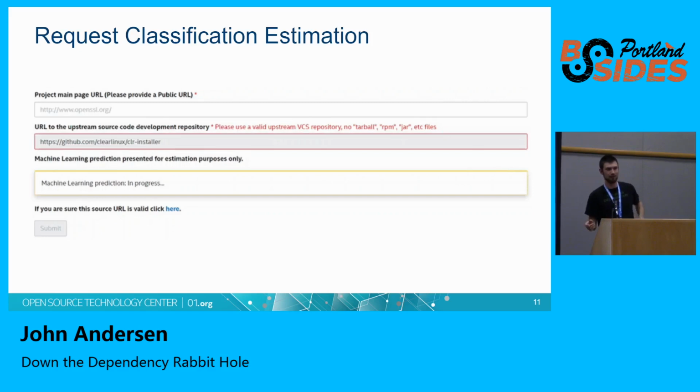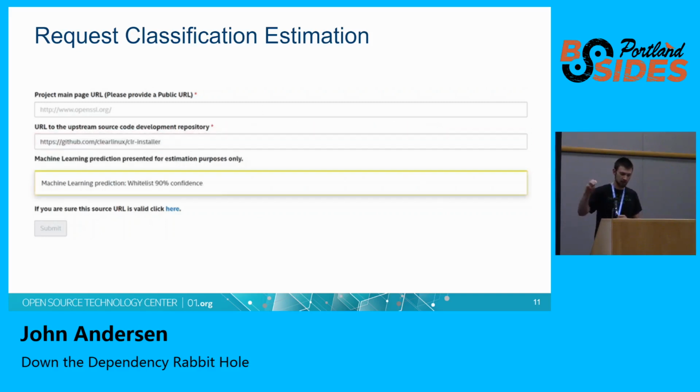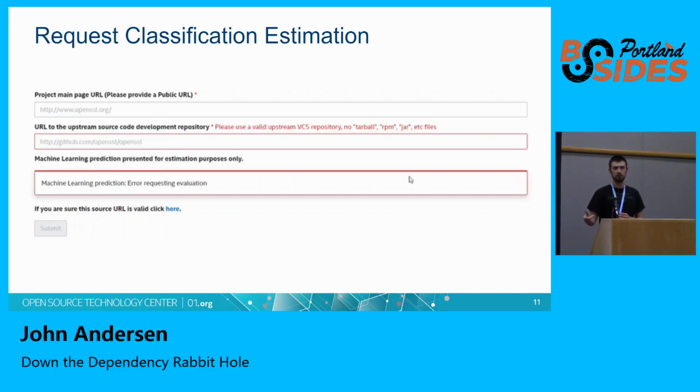Well, you do know it's probably going to be custom logic, so you need to figure out how to integrate with that custom logic, and you write a plugin. This is what it looked like once it got integrated. It's pulling and pushing data from that production database, and you put in the URL, it runs the data set generation, and then it runs the prediction through the trained model, and it says, yes, I think this is a good thing, or no, I think this is a bad thing.